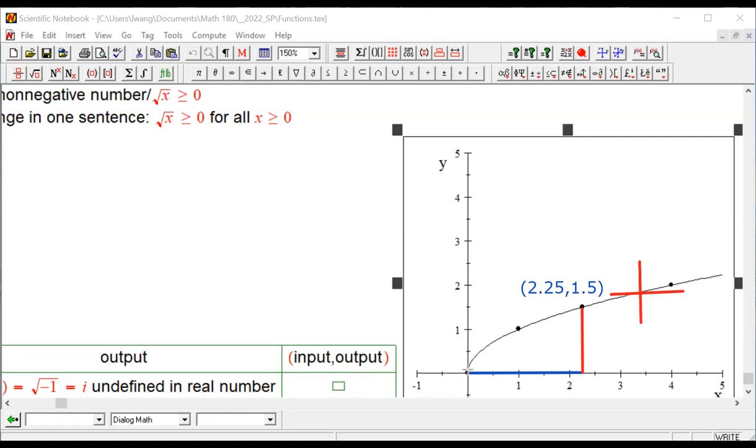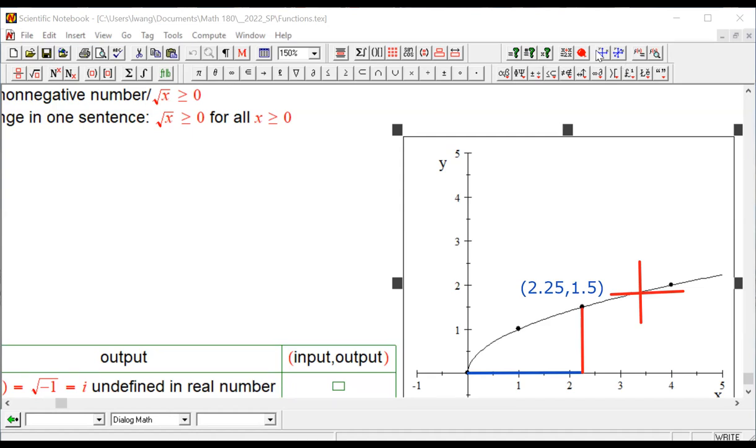And that point is 0. So all the outputs are positive except this one point. So the range is at least 0. The other way you say it is at least 0. Yeah, that's the function.